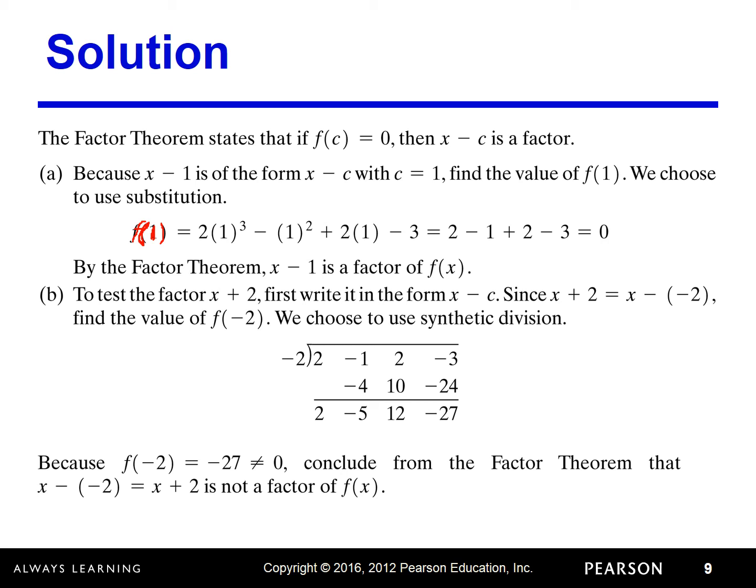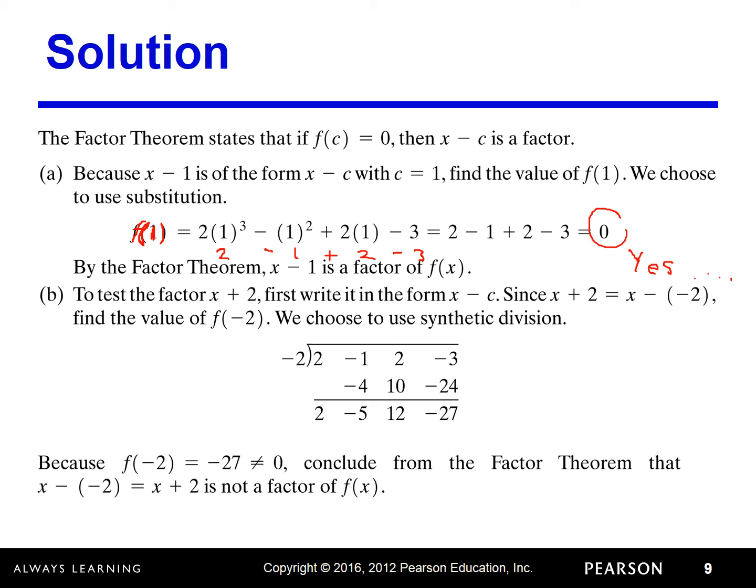We have 2 times 1, so 2 minus 1 plus 2 minus 3. That is 0 actually, because you have 1 plus 2 minus 3, or 3 minus 3, which is 0. And so the answer is yes, x minus 1 is a factor of f of x. Of course, we would write all that out in words.